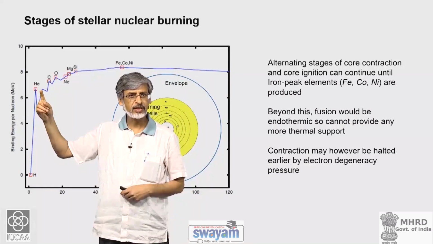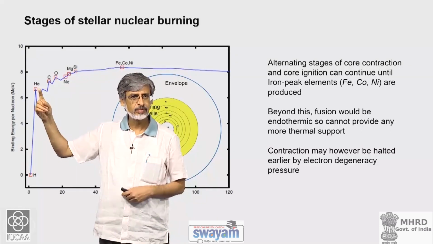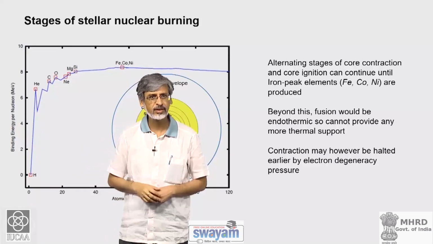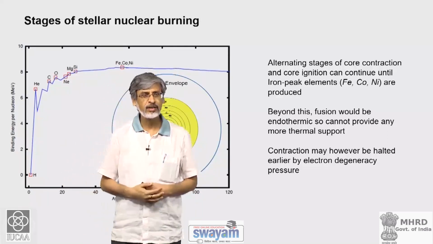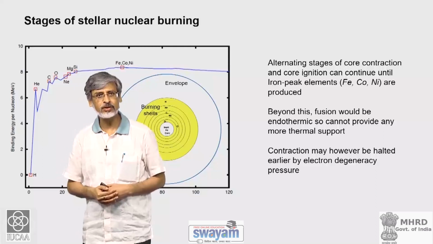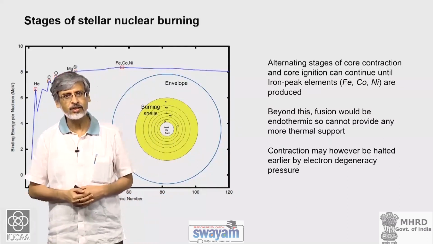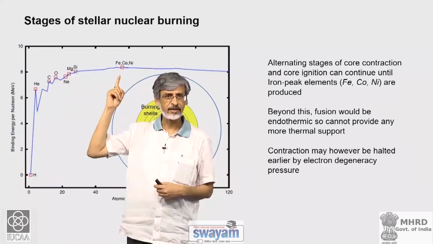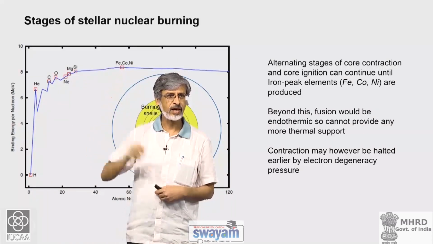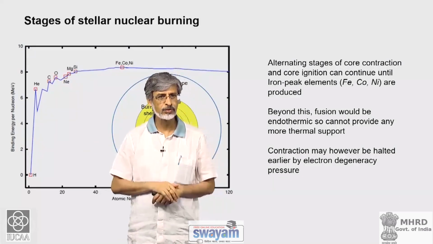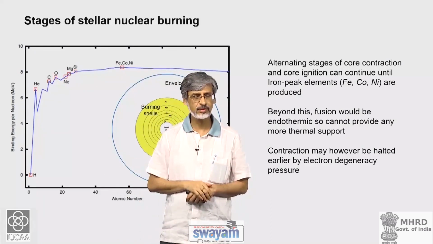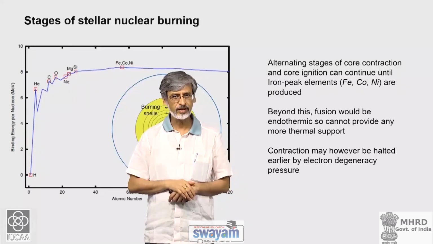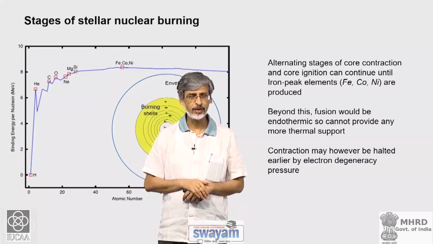The next stage of burning takes helium to carbon, which is also exothermic, and subsequently one can take carbon to oxygen, oxygen to neon, neon to magnesium, magnesium to silicon, and then finally to iron. And in fact, iron, cobalt, nickel, they are very similar. They stay nearly at the same place in the energy diagram, and they are called iron peak nuclei.